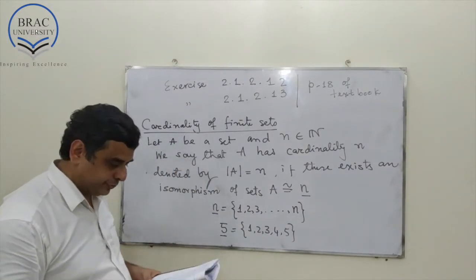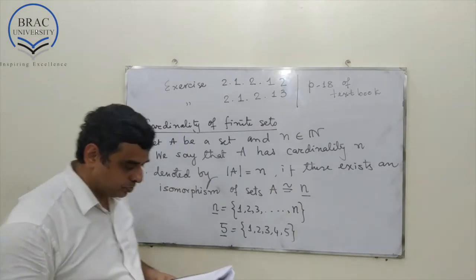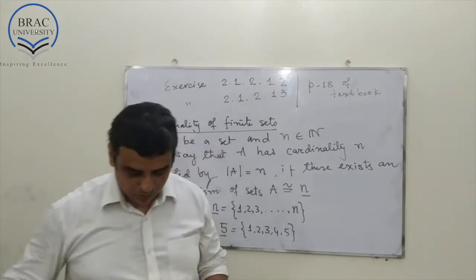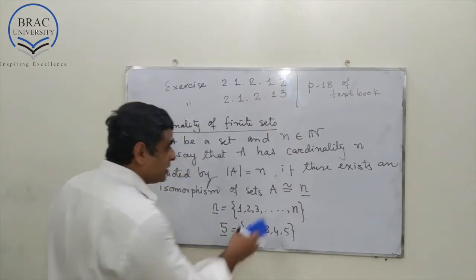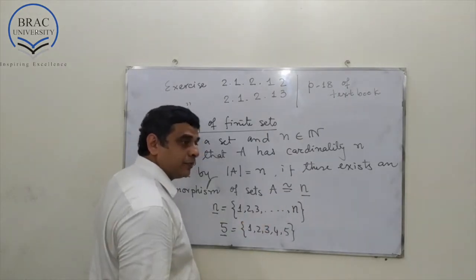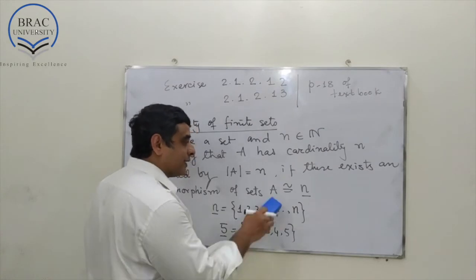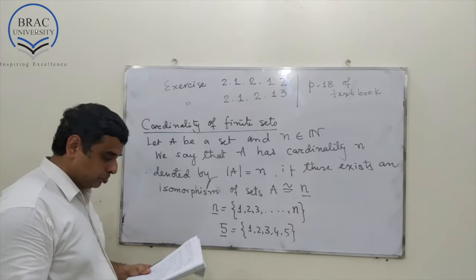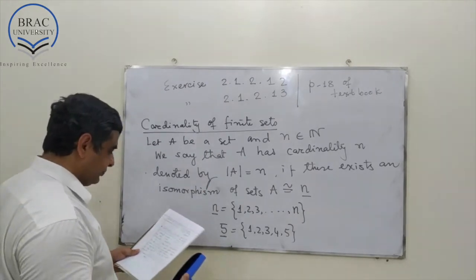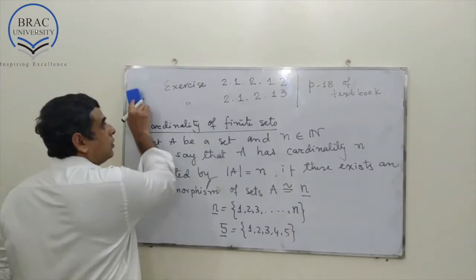Okay. Now, once you establish this isomorphism, you conclude that the cardinality of A is precisely n. Okay.